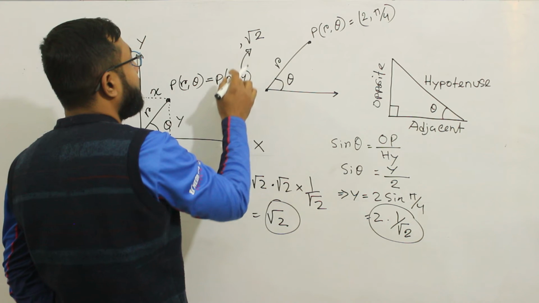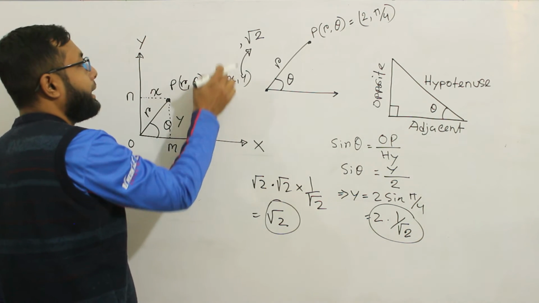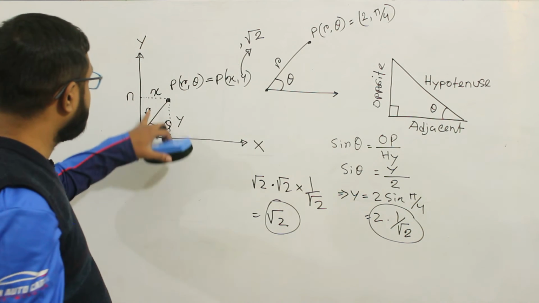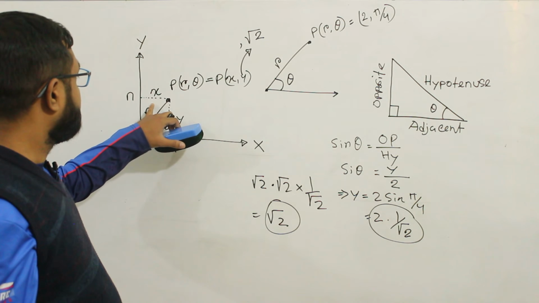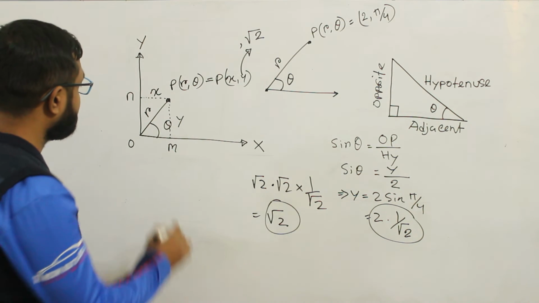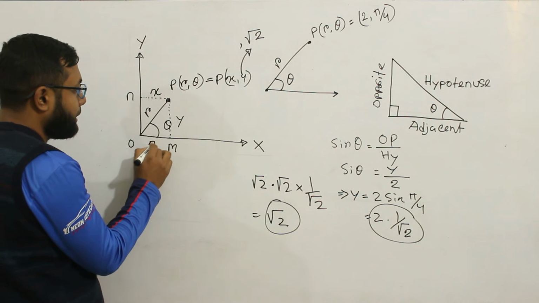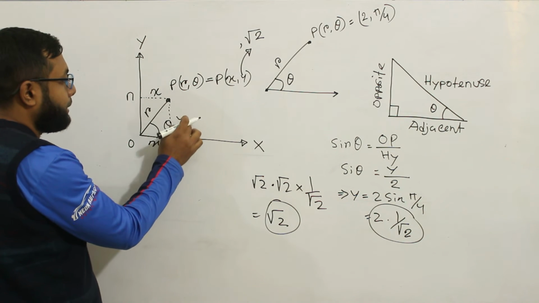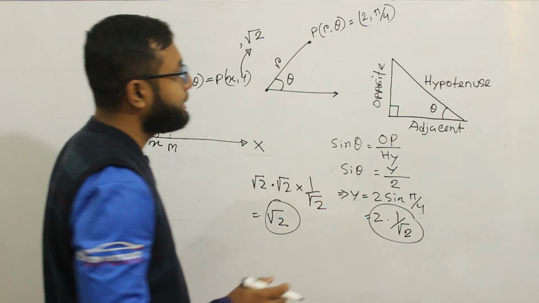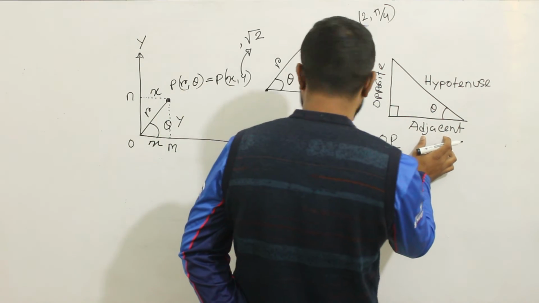And we need to find the other value, x. The value of x is the distance from O to M. The x value is the adjacent side, as stated here.